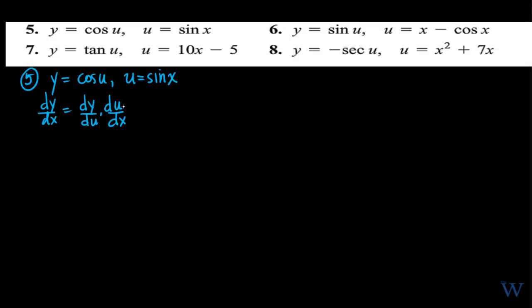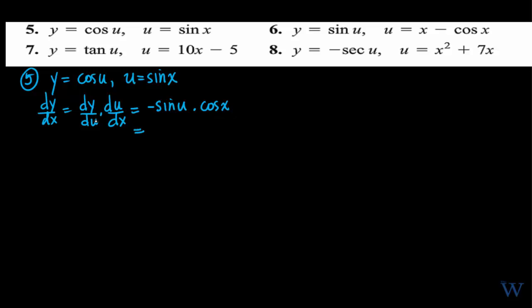So really what you're going to do is take the derivative, multiply by this derivative of u. Okay, so what do we have? That's the negative sine of u. What does this represent? Dy by du multiplied by, now we're taking the derivative of sine of x, which is cosine of x. So what does that mean? That's du by dx is cosine of x.